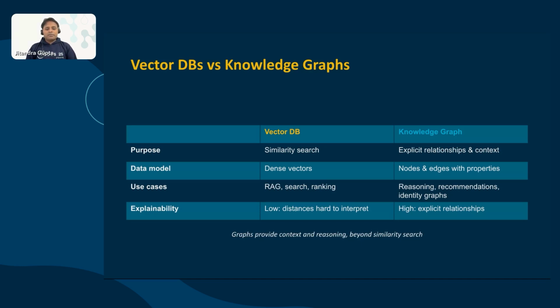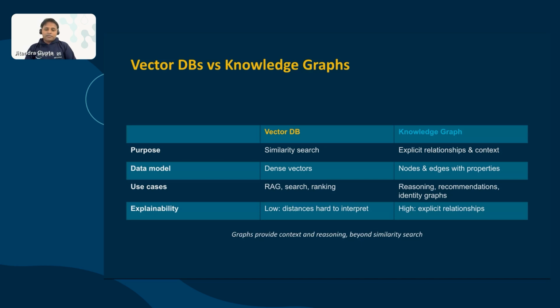But the very important aspect here is the explainability component. When we work with vector DBs, they do explain the components well, but it is low because of the distances that are added to any of those vector dimensions.